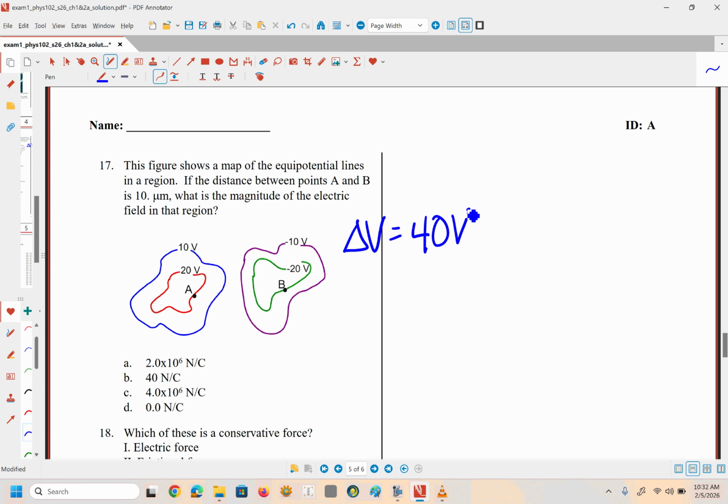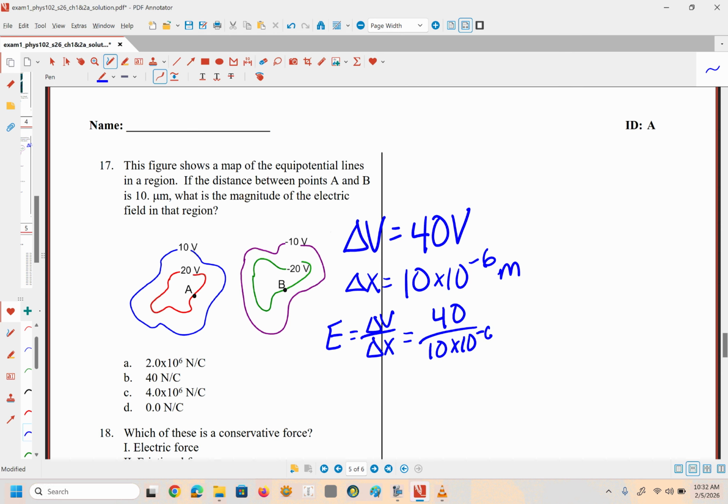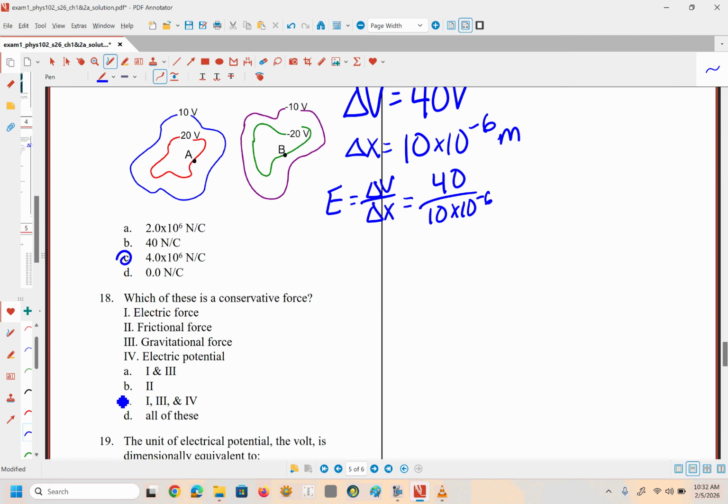Change in X is 10 microns, or 10 times 10 to the minus 6 meters. The electric field is equal to delta V over delta X. So that's 40 divided by 10 times 10 to the minus 6, which is 4 times 10 to the 6th.